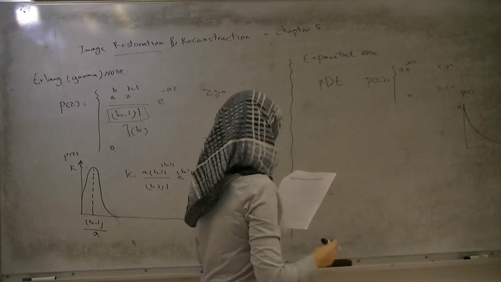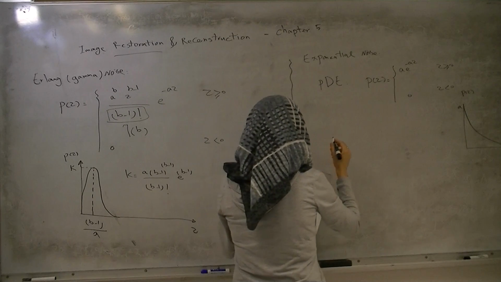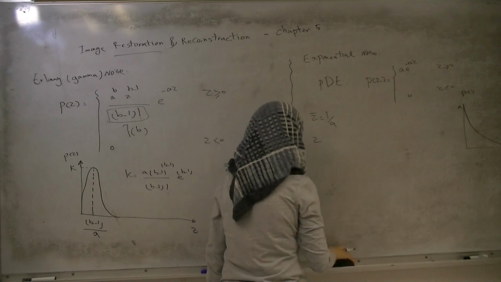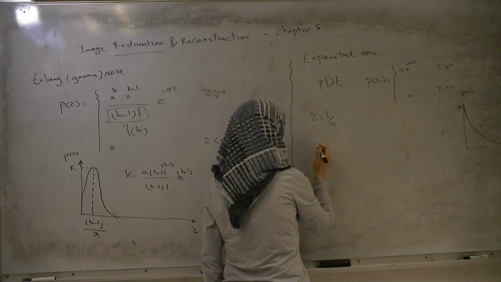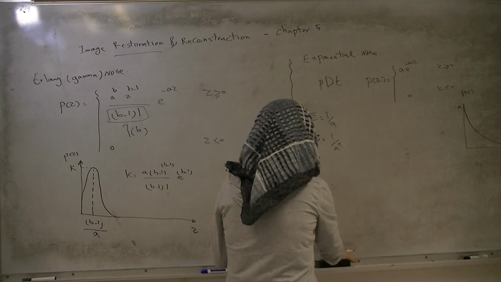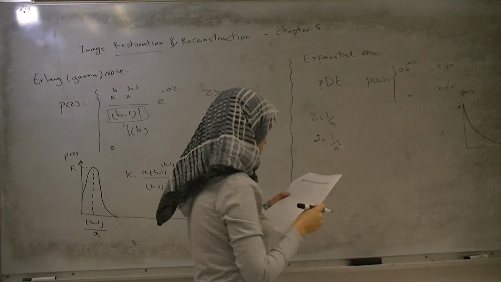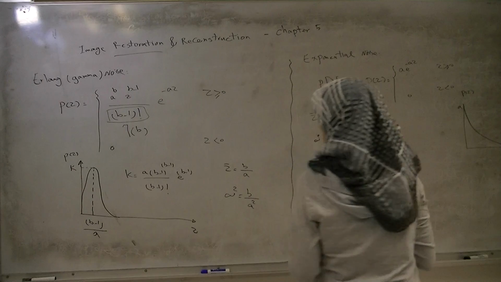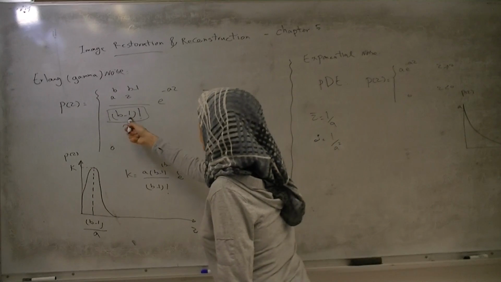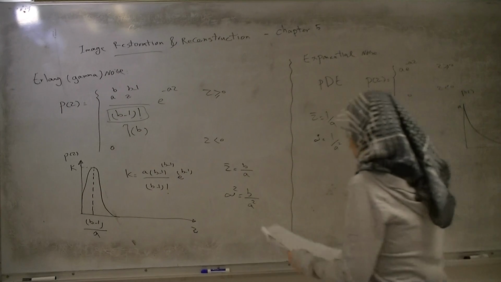This one is there. Exponential noise, and the mean is given, and the variance of the exponential noise. And you can see that if here B is equal to 1, the Erlang noise is equal to the exponential noise.